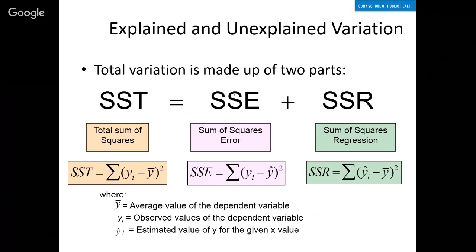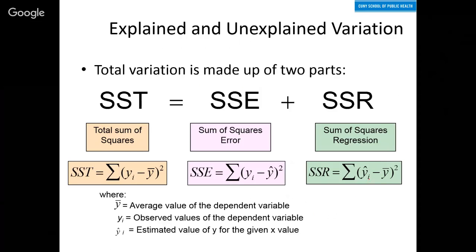So the sum of squares of the error are the residuals. These are the observed values of y minus the predicted values of y, the predicted values being from our linear regression, from that line with a slope. So this is the sum of squares of your residuals, or your error terms, your e sub i. And this is the sum of squares of your regression.